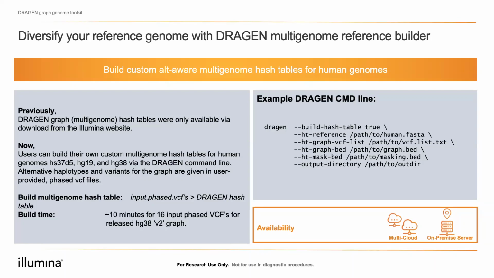Alternative haplotypes and variants for the graph are given in user-provided phased VCF files. So you do have to know how to construct these phased VCF files. I would bucket this as an advanced feature. It takes about 10 minutes for 16 input phased VCFs, for the HG38 V2 graph, for example.